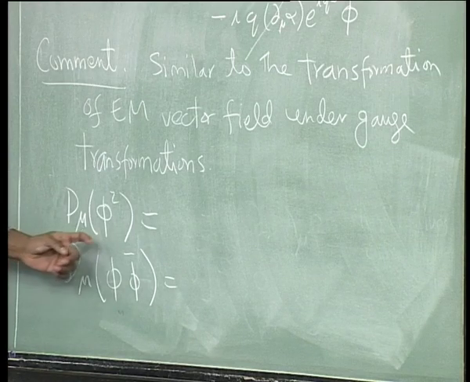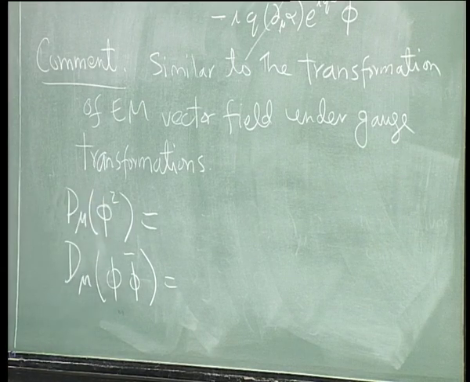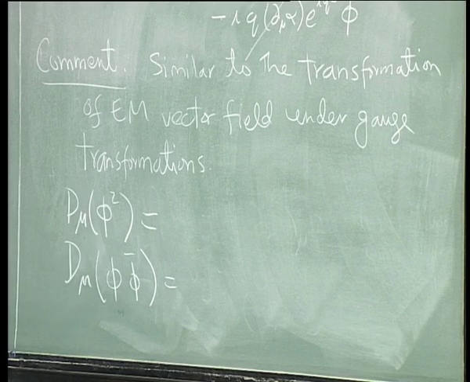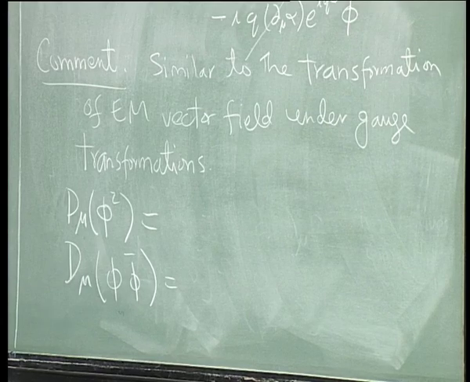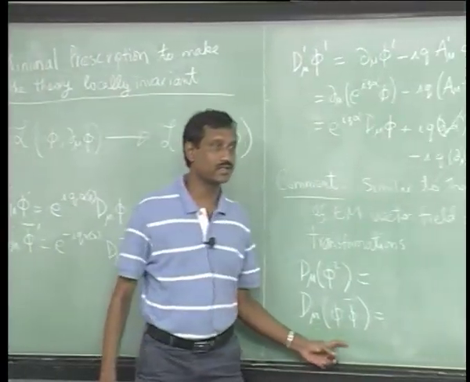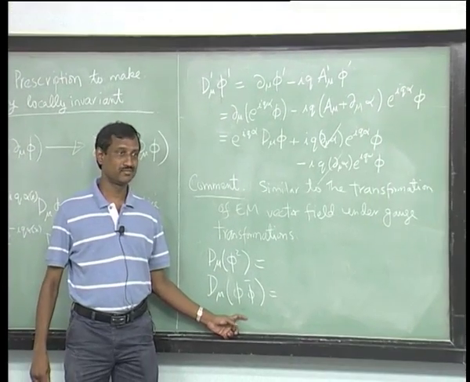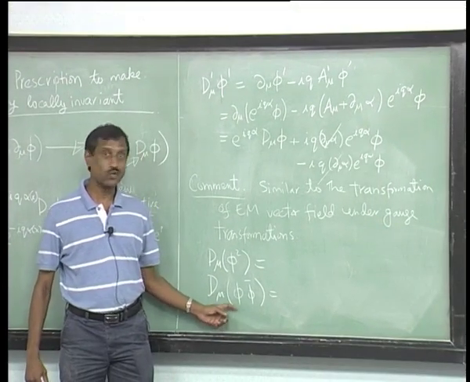So, let us look at phi squared: what would be the charge of something like phi squared? 2q, right. What about an object like phi bar? It is 0.